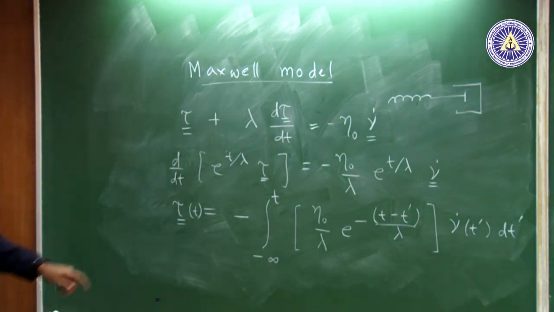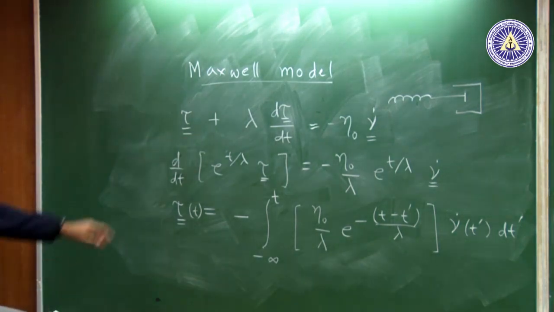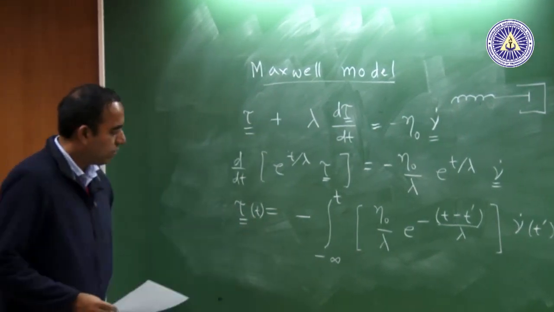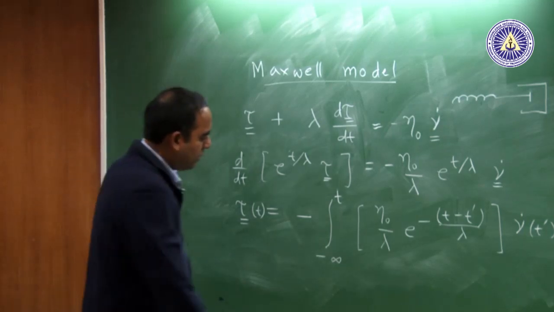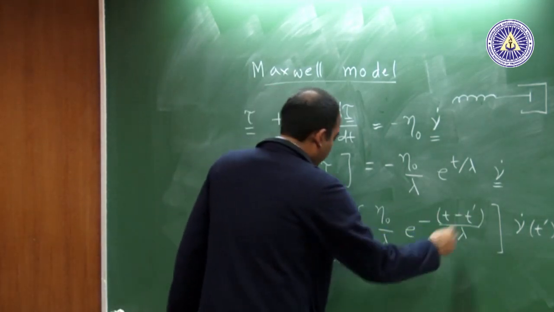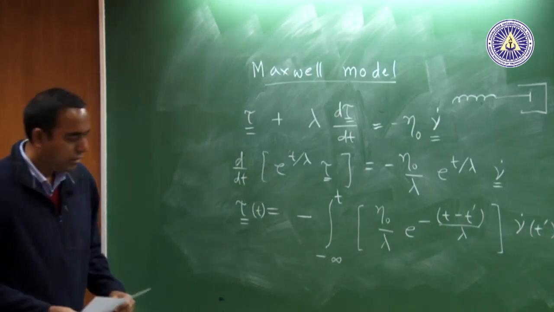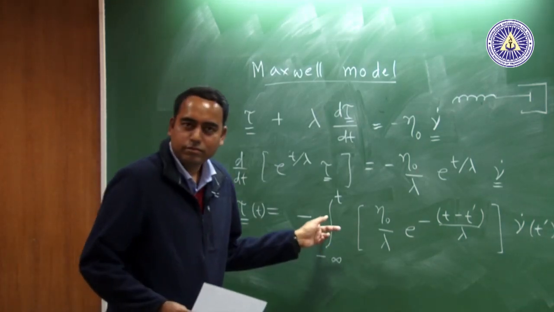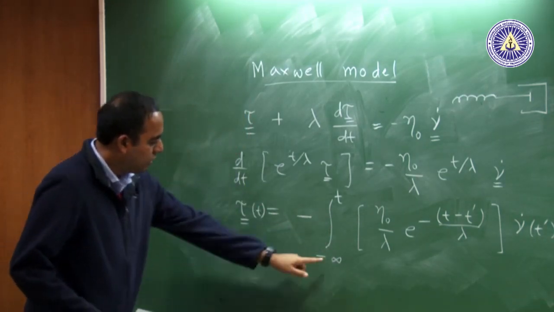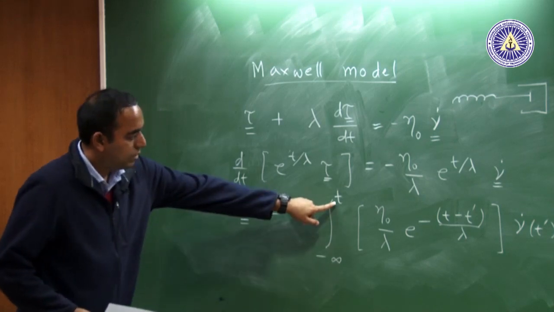So, if you rearrange the usual Maxwell model, which is a differential model, to this integral form, what you would now see is that there is an integral first of all, which means that there is a summation of many terms. The integral means there is a summation of many terms starting from minus infinity to the current time t.